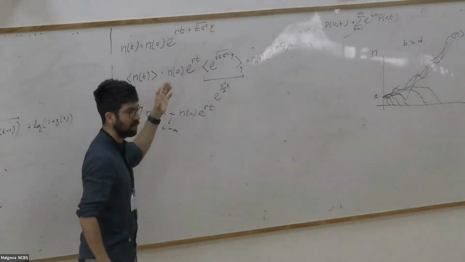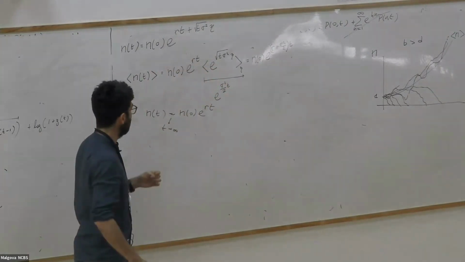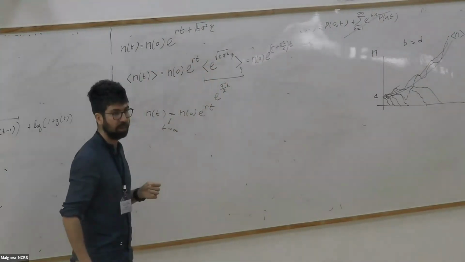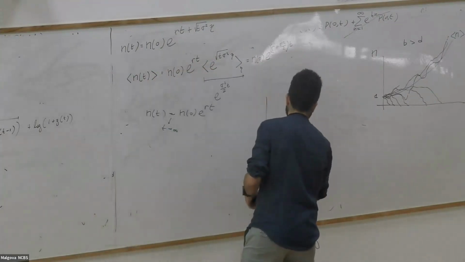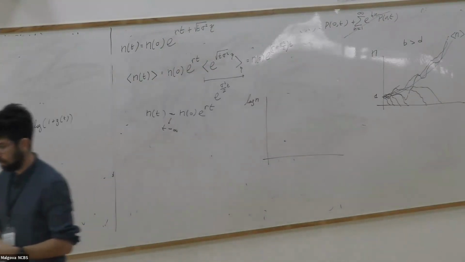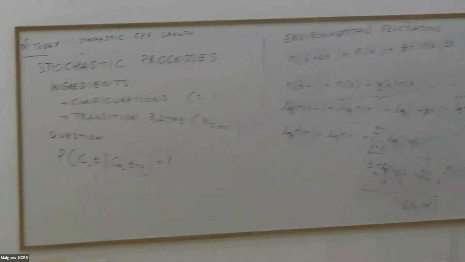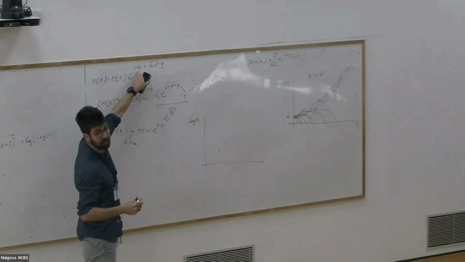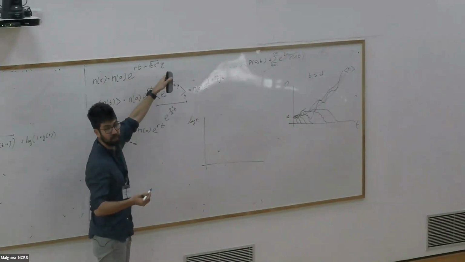And we have that the average grows much faster than the typical solution. So if you plot log n, I just take the limit for large times. You see that you have this term, which grows as t, and this term, which grows as square root of t, so it's negligible.